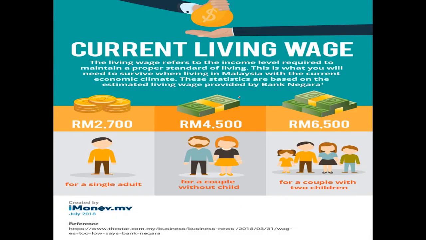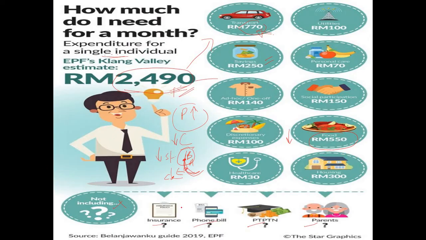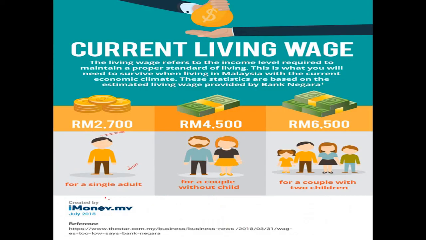This is just to show you, because the first one just now, I showed the single adult. The estimation here is a bit different from the previous one, 2,4 something. This one is 2,007, because just now was EPF, and this one is from the Belanjawanku Guide. This one is from EPF, and this one is an estimation by a different party, iMoney.